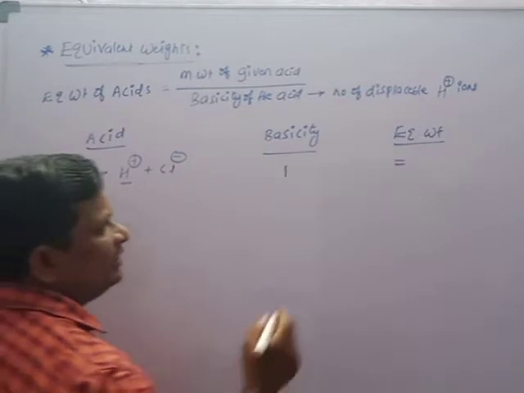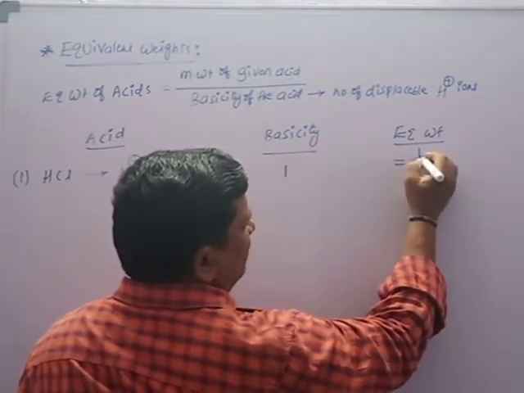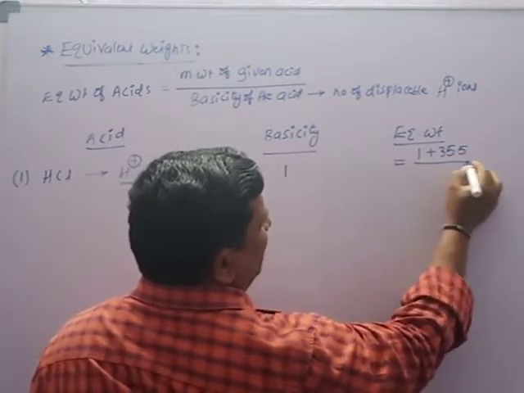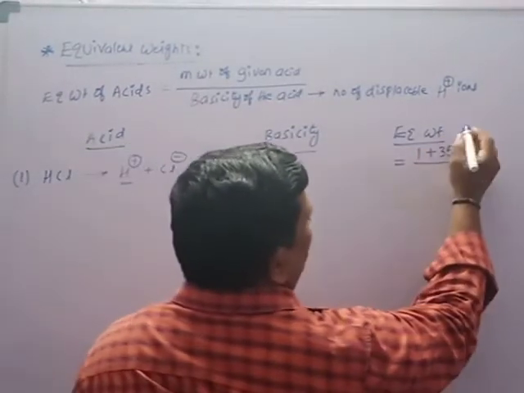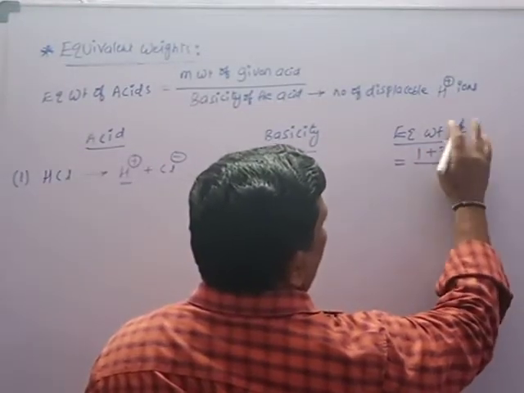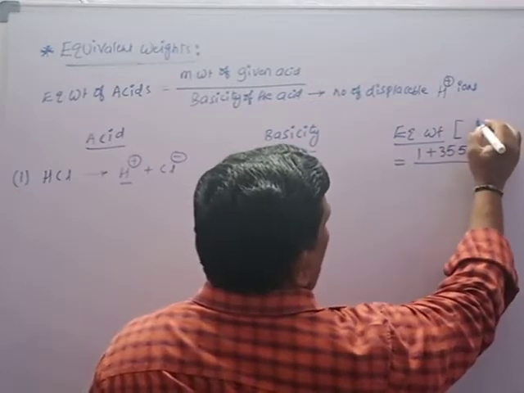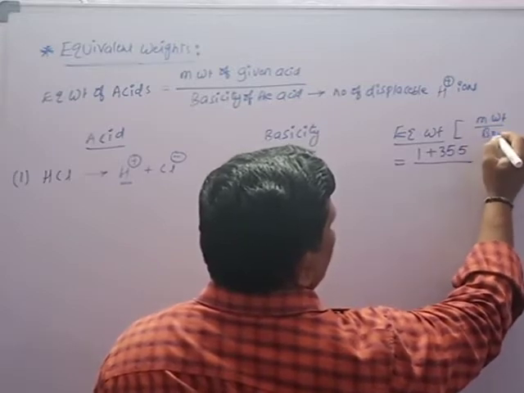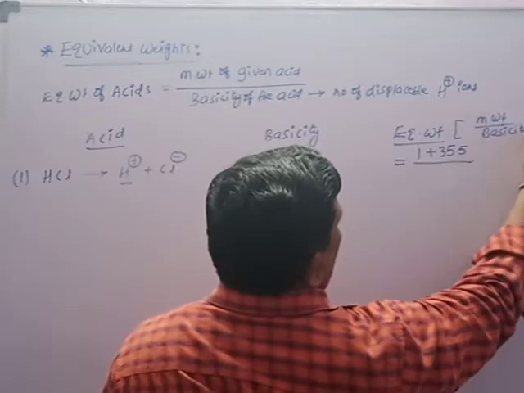HCl molecular weight is hydrogen 1 plus chlorine 35.5, which is 36.5.